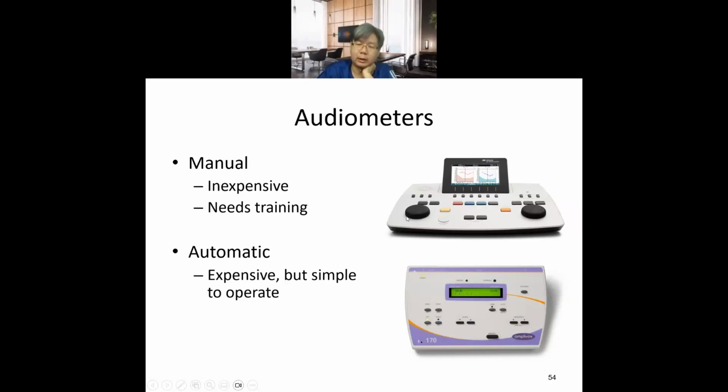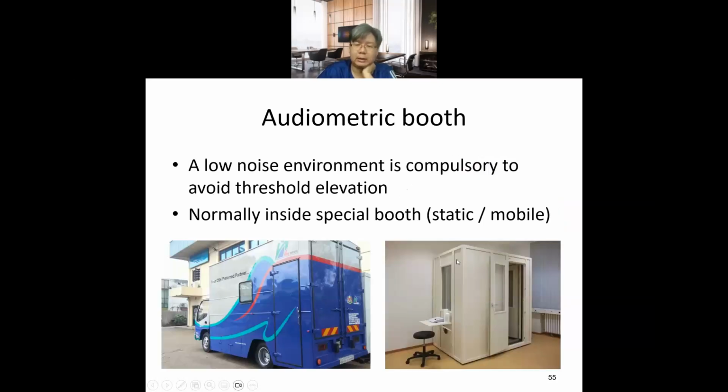This is a typical machine, or audiometer, where we have some manual, some automatic machines. And this is the gold standard. It's a static booth enclosed in a room, and this one has the best sound protection from outside.